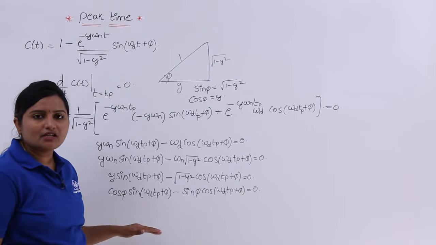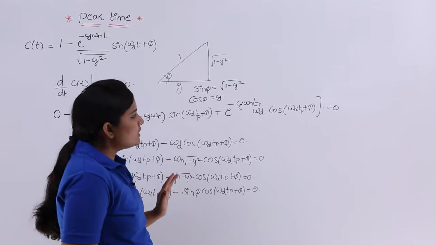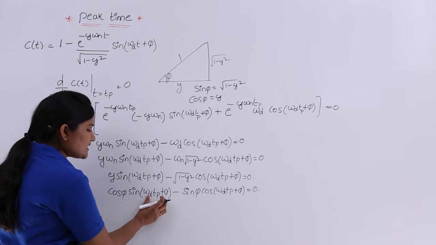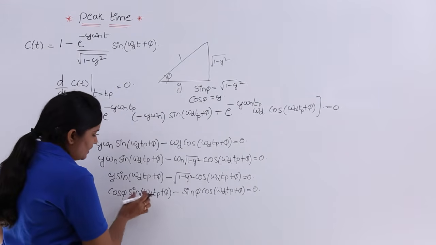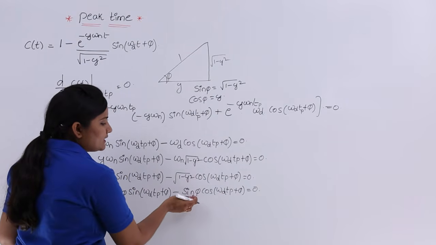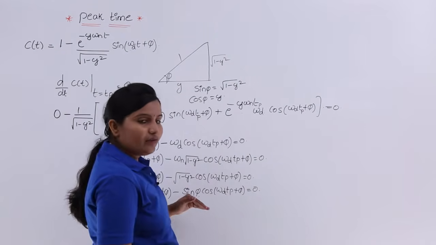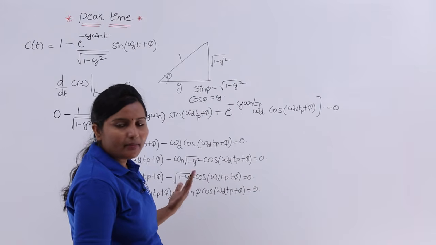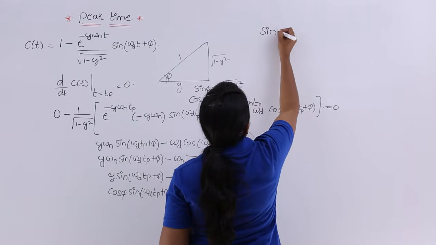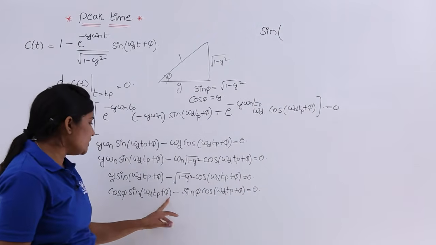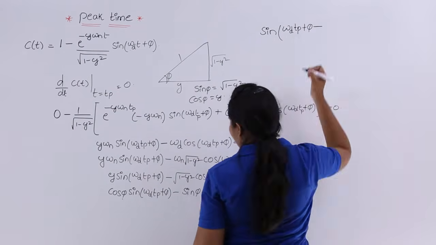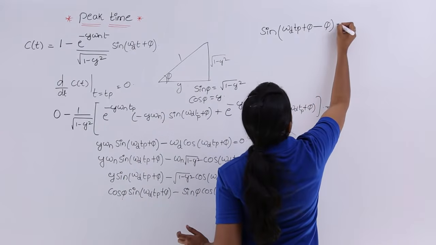This is in the form of sin A cos B minus cos A sin B. So the equivalent of this is sin A minus B. If you treat this as angle A and this as angle B, then the equation relevant to sin A cos B minus cos A sin B is sin A minus B. So I am going to consider this equation as sin A minus B form, where A is equivalent to omega d Tp plus phi, and B is phi. So sin A minus B is equivalent to 0.